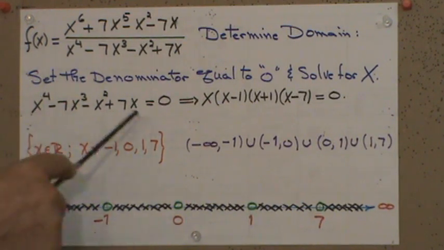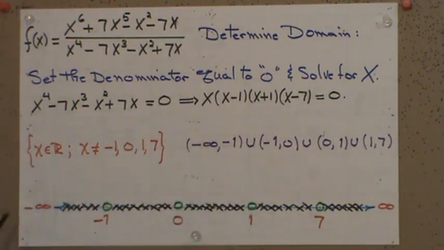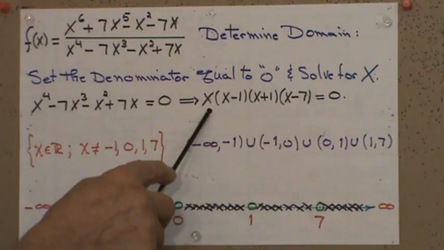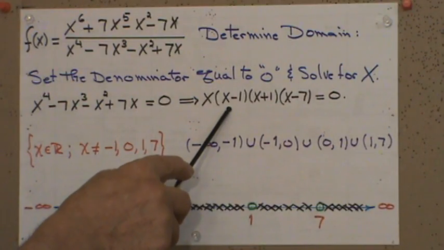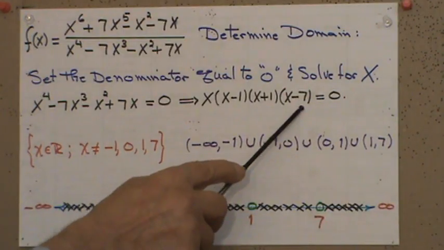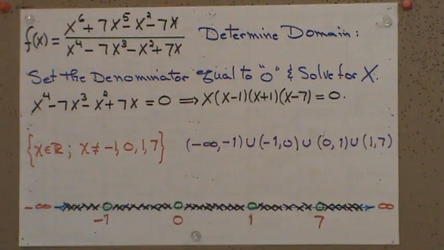According to what I have written in expanded product form after I factor them, x cannot have the value of 0, x cannot be 1, x cannot be -1, and x cannot be 7. I wrote that in set builder notation, and this is the interval notation, and that is the sketch of the graph as a pictorial to give a picture of what is happening.